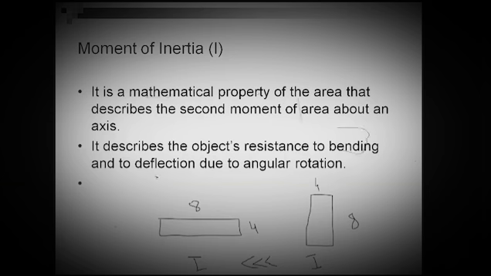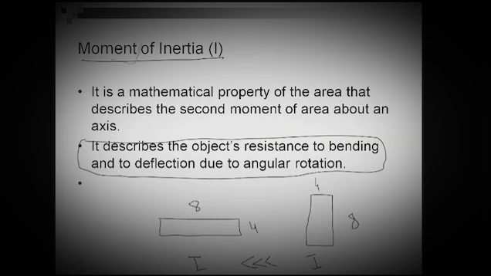I'm going to ask the question again. What we said in here is that the moment of inertia describes the object's resistance to bending and to deflection due to angular rotation. So that's what the moment of inertia describes.